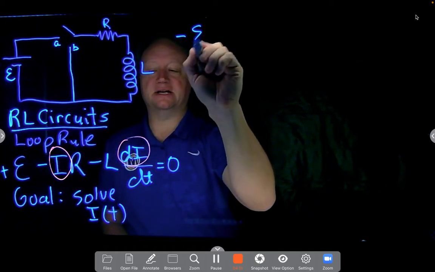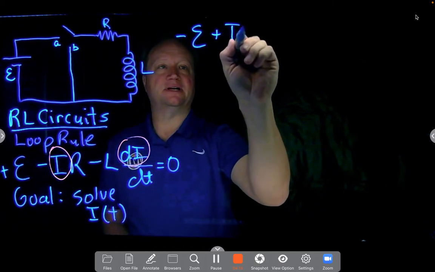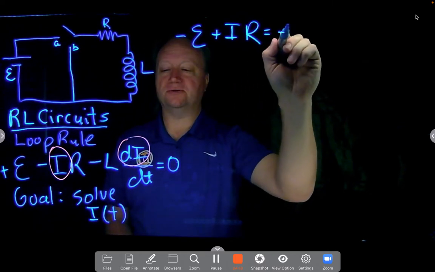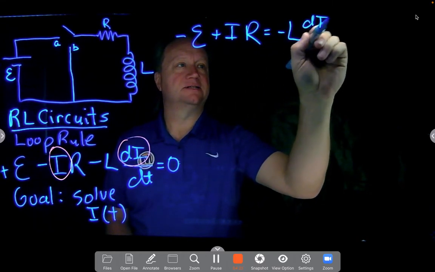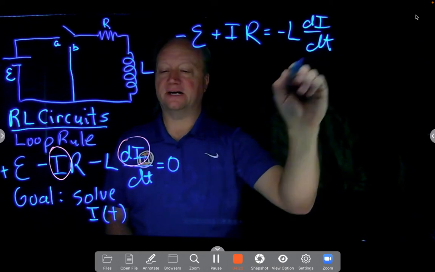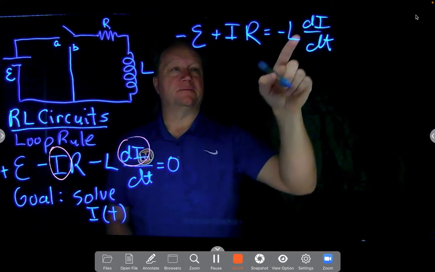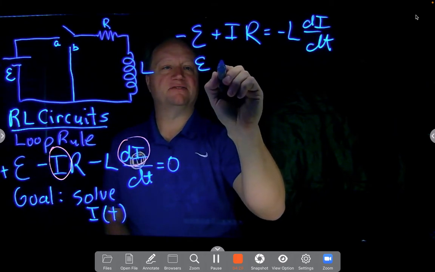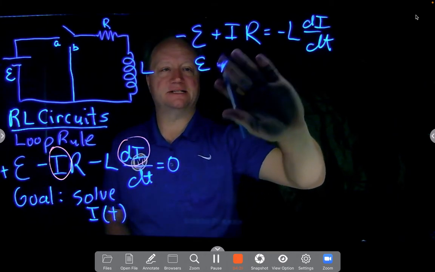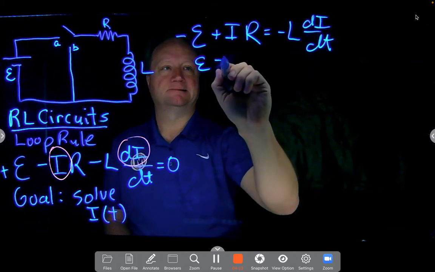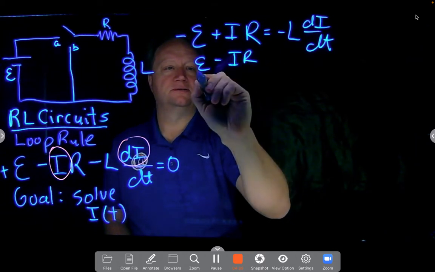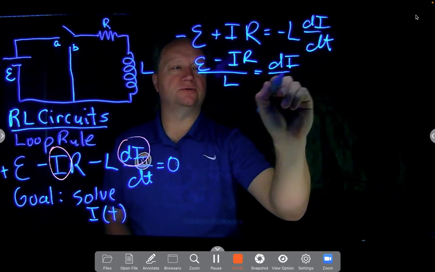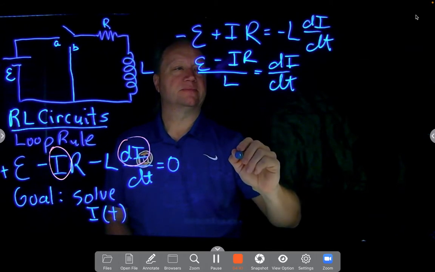So that would be a negative EMF plus IR is equal to negative L di dt. I'm going to divide the negative L over, so that's going to give me EMF minus IR all over L is equal to di dt.